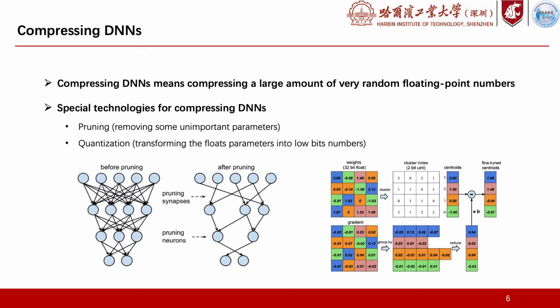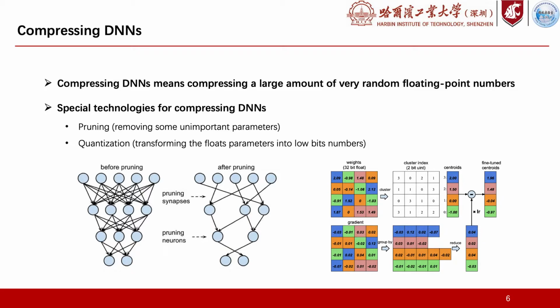Recently, with the rise of the AI boom, efficiently compressing DNNs is gaining increasing attention. However, since DNNs consist of a large amount of random floating-point numbers, they are not easy to compress. The existing traditional data compression approaches only achieve a very limited compression ratio on DNNs.